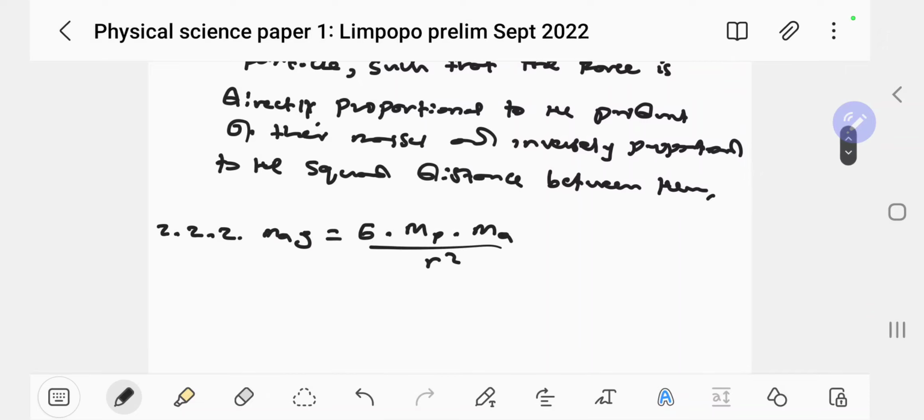Okay, nice. But now if we divide by the mass of the astronaut, that one and that one cancel, right? So what do we end up with? We will have a gravitational acceleration on that planet being equal to G, which is our constant, multiplied by the mass of the planet divided by the radius squared of that planet, isn't it? Nice.